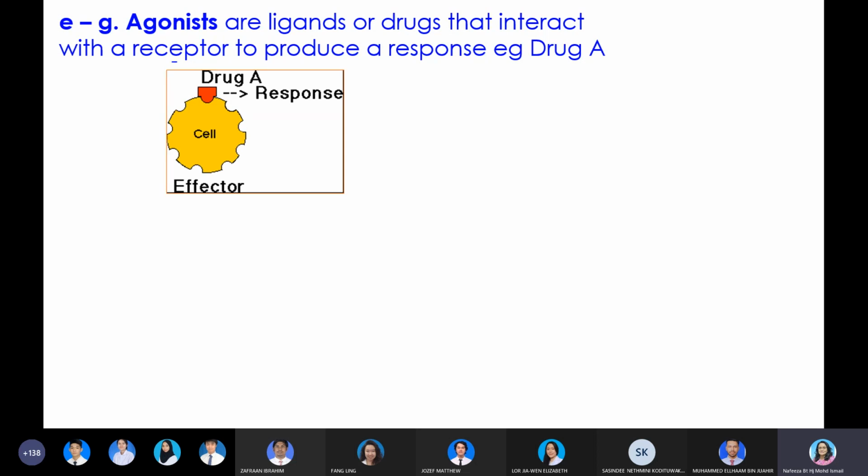For example, this is what I've said earlier, but this is to emphasize more. This is drug A, and drug A is a full agonist. When it binds to the receptor, it produces a response. And why we put effector here is because this cell is situated on an effector organ.